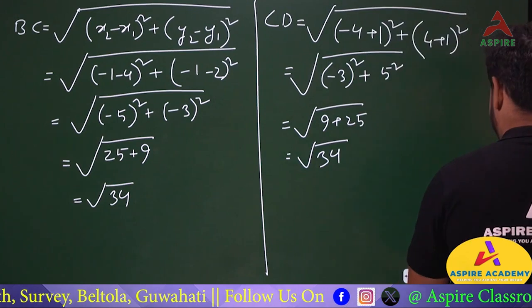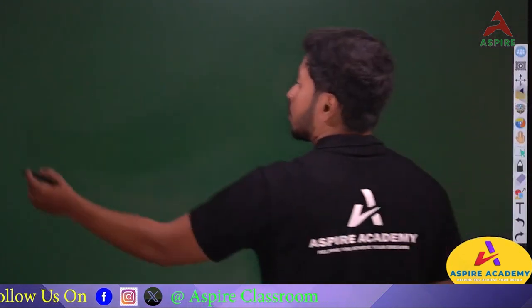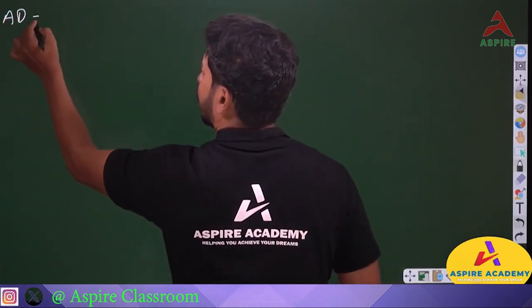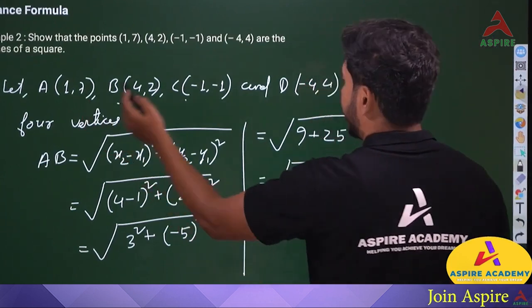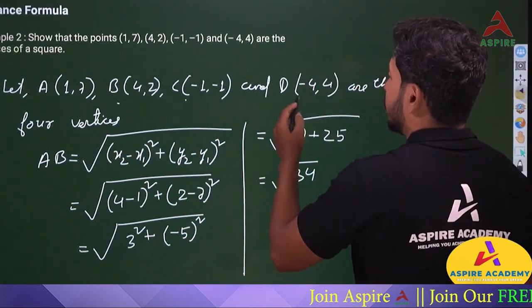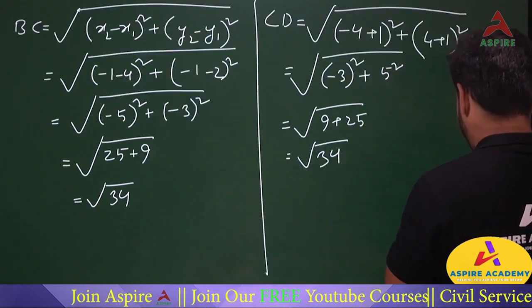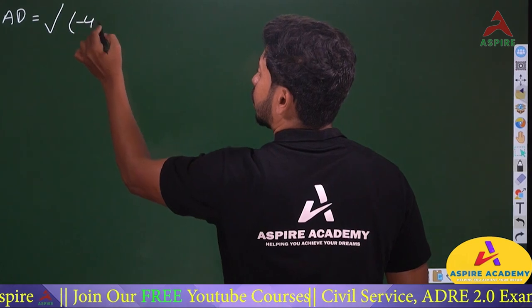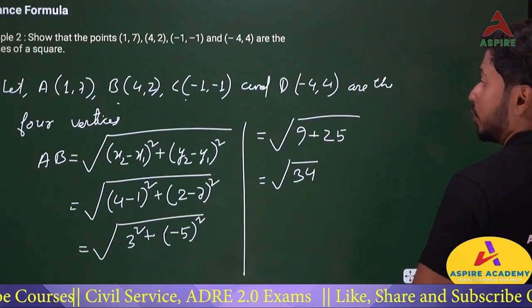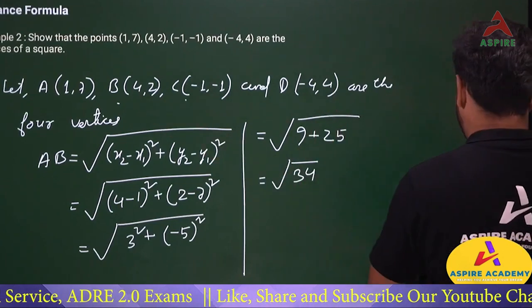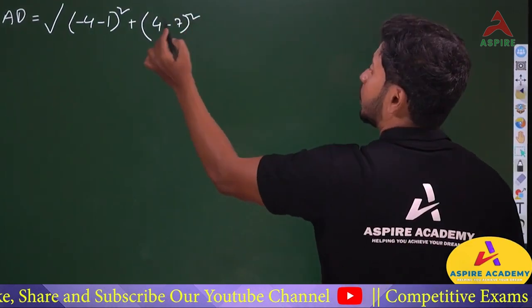Now AD. A and D. So x2 is minus 4, x1 is 1, so we can say minus 4 minus 1, plus 4 minus 7.